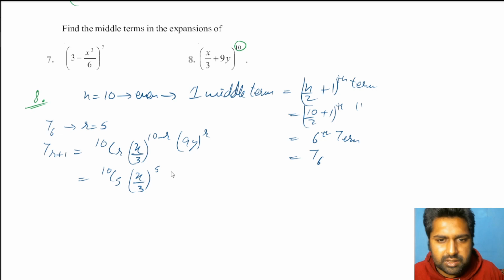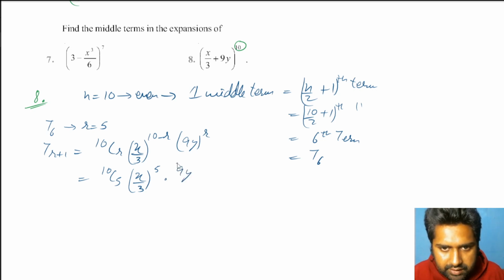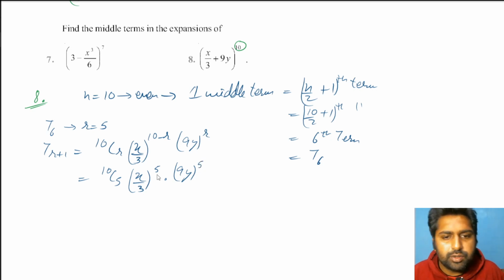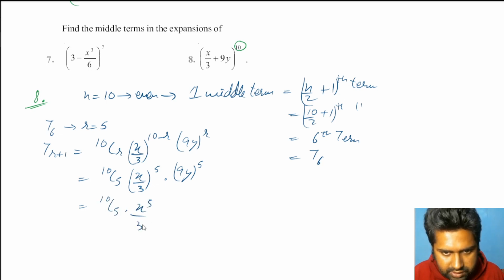This is sort of a subjective question. Objective will have simple terms, and (9y) raised to power 5. Same way you have to distribute. I will give you the answer in terms of 10C5 only. x^5, 3^5, and 9^5 will become 3^10, using the power of power concept, (3^2)^5, and y^5.